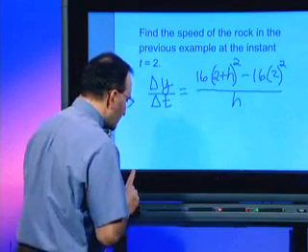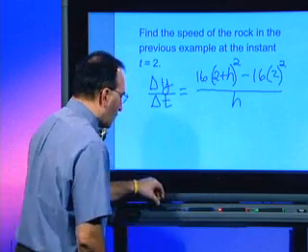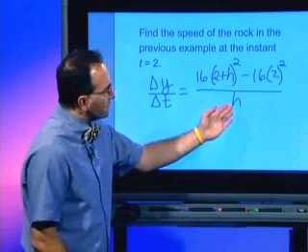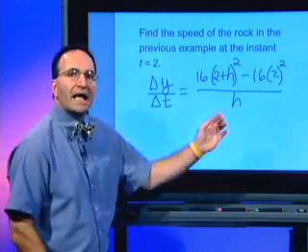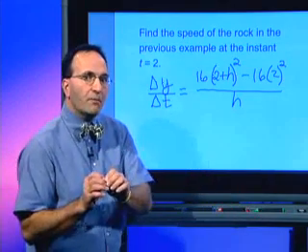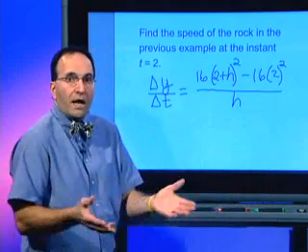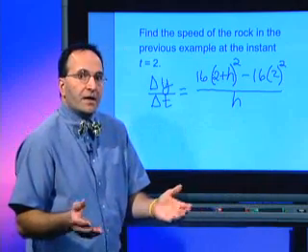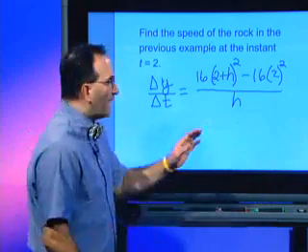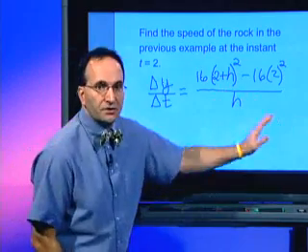Well, before we do that, realize that we can't actually calculate this when h is equal to 0, because that would make the denominator 0 and it would be undefined. We can, however, evaluate it as h gets close to 0.